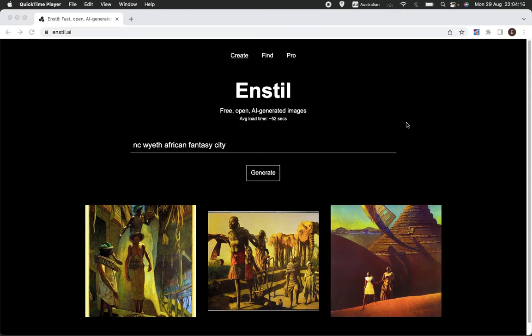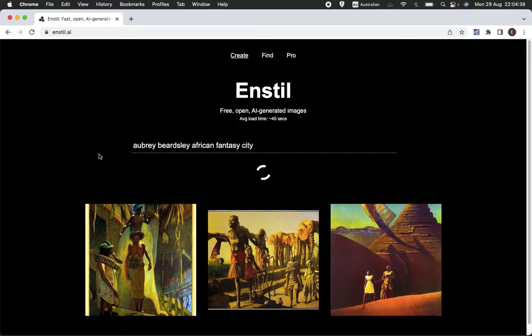Unfortunately, it seems to be somewhat unpredictable as to which artists work. In this particular case, N.C. Wyeth seems to work quite consistently, but I also tried Aubrey Beardsley, who's another famous artist, and it obviously does something.